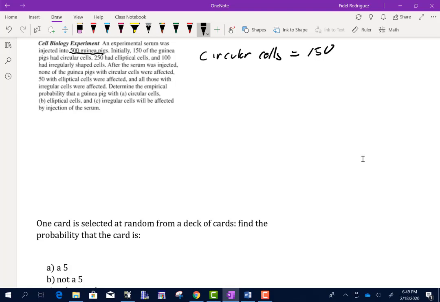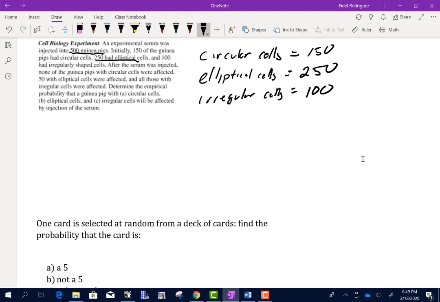Okay. Let's see. 250 had elliptical cells. So elliptical cells, there were 250. And irregular shaped cells, there was 100. Okay.